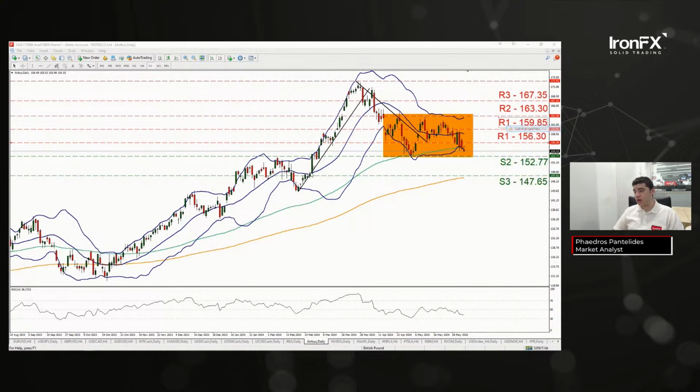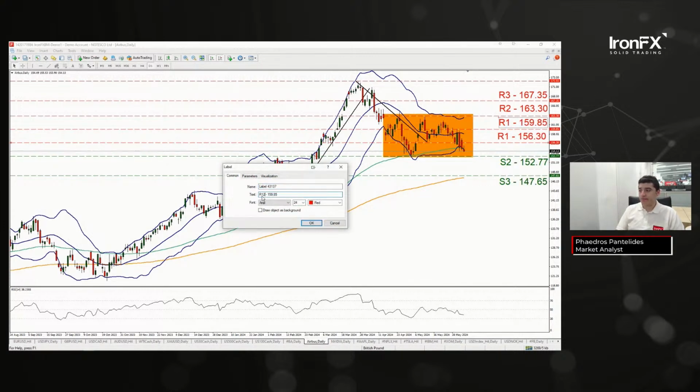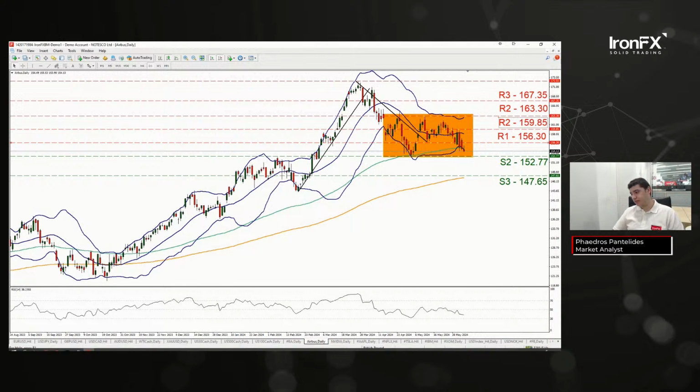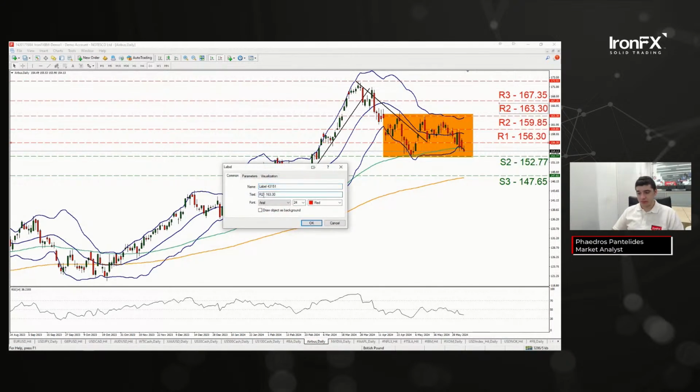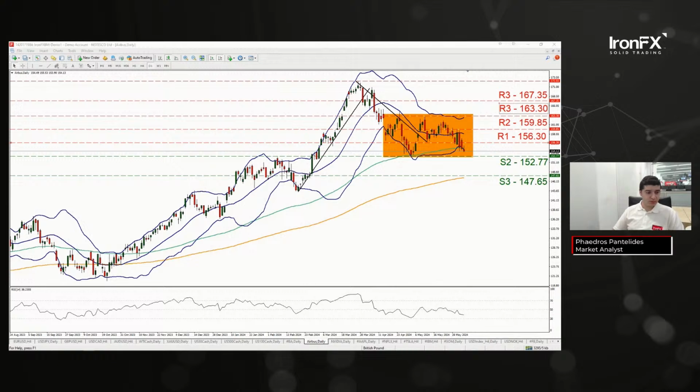So flipping R1, readjusting R2 and R3. That's S1, 147.65 becomes S2, and then I am looking at this old low for my S3 support figure.